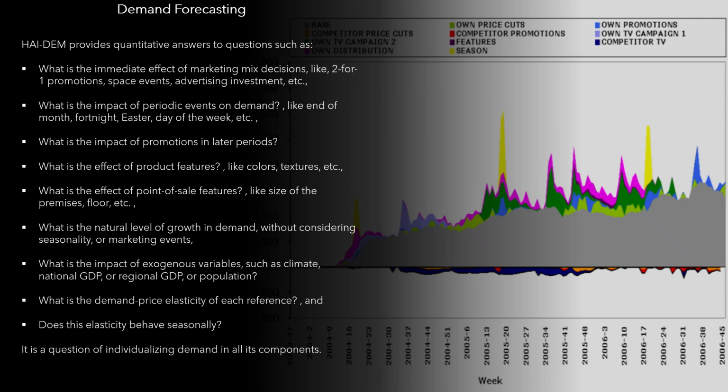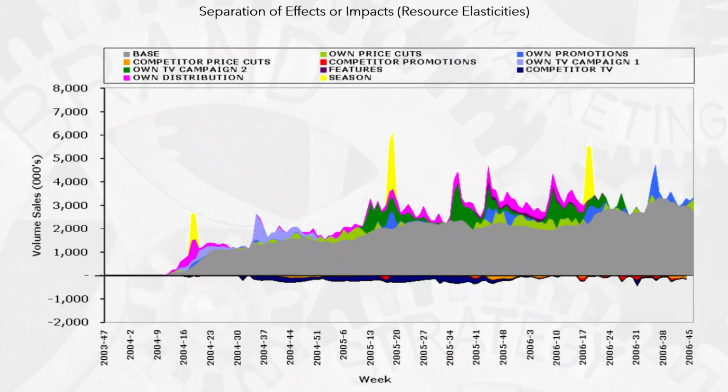Therefore, the demand model aims to answer the main questions about market behavior. HYDEM provides quantitative answers to questions such as: what is the immediate effect of marketing mix decisions, e.g., 2-for-1 promotions, space events, advertising investment, etc.? What is the impact of periodic events on demand, e.g., end of month, fortnight, Easter, day of the week, etc.? What is the impact of promotions in later periods?